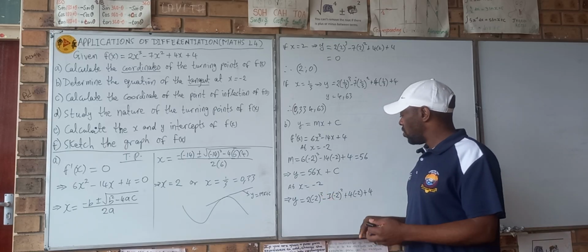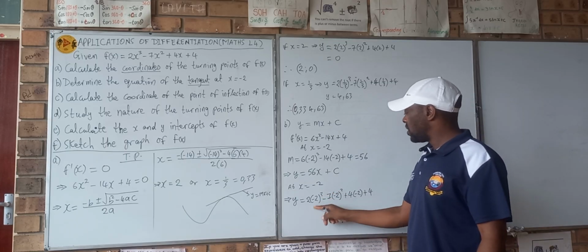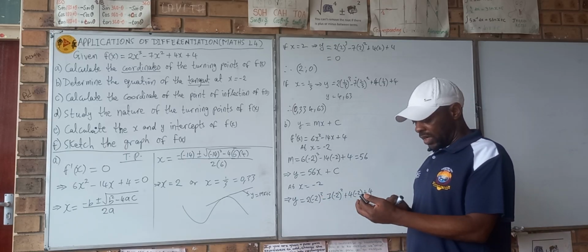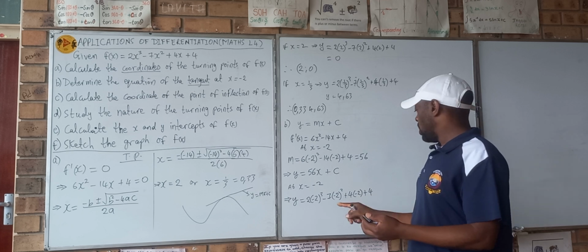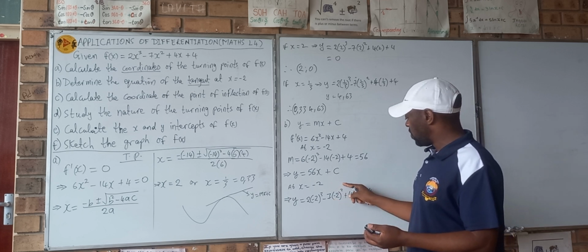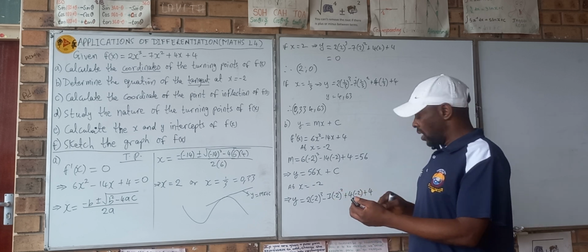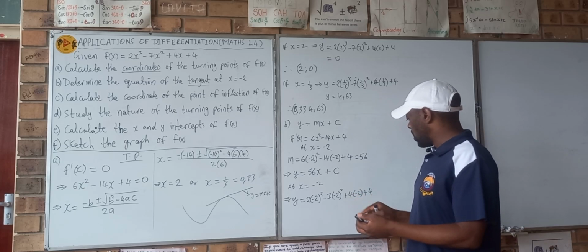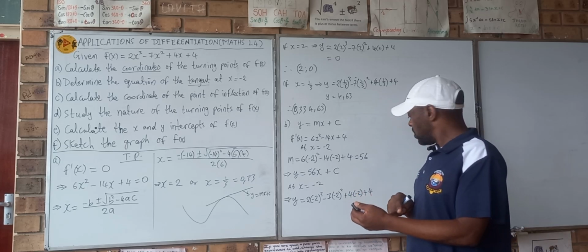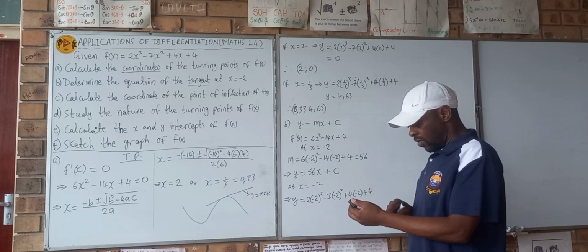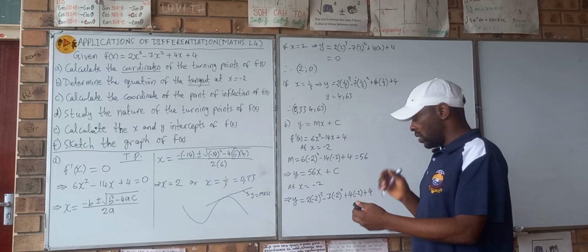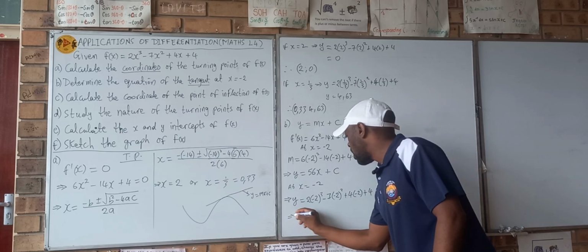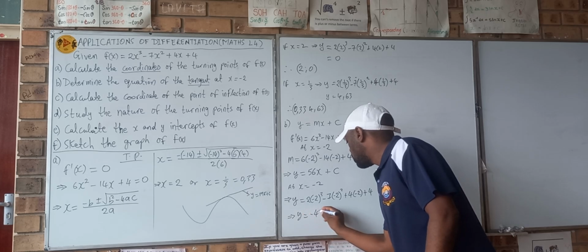So negative 2 cubed is negative 8, times 2 is negative 16, then negative 2 squared is 4 times negative 7, it's negative 28, then negative 2 times 4 gives me negative 8, then plus 4. So I've calculated to see that my y will be equal to negative 48.